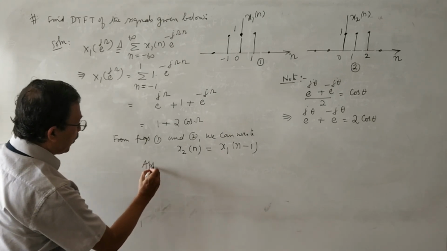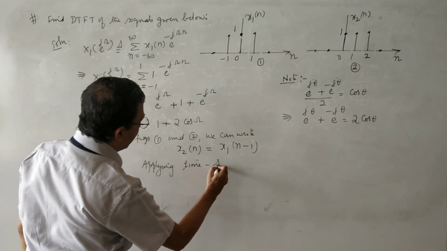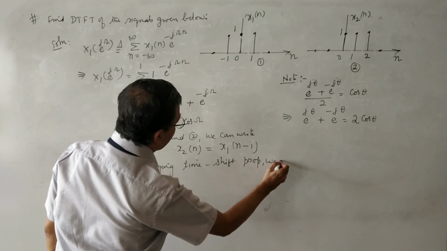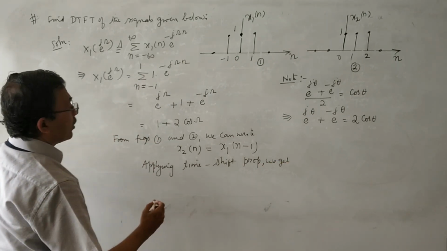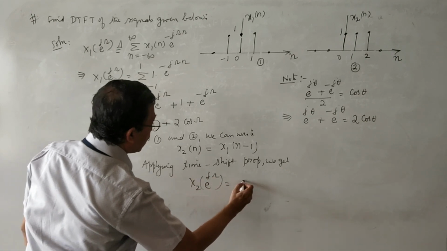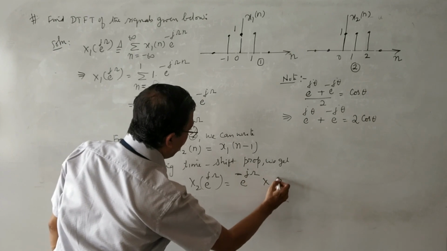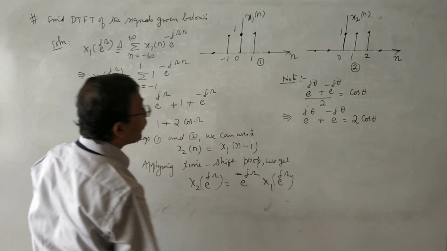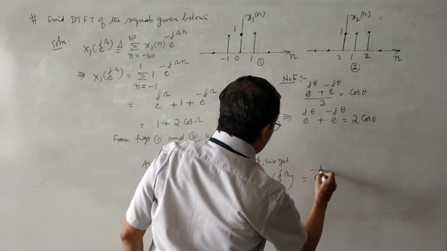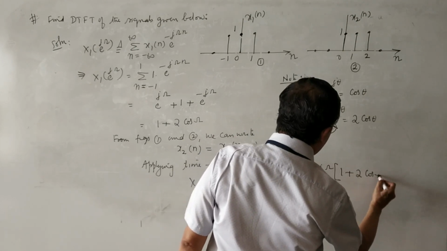Applying time shift property, we get what? x2 of e power j omega is equal to e to the power minus j omega into x1 of e power j omega. x1 of e power j omega is what? x1 of e power j omega is 1 plus 2 times cos omega.